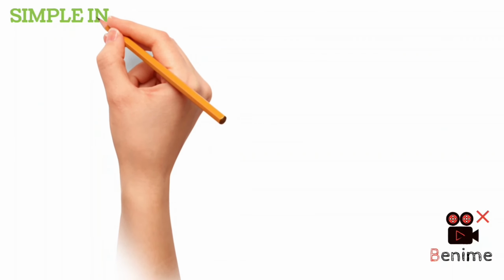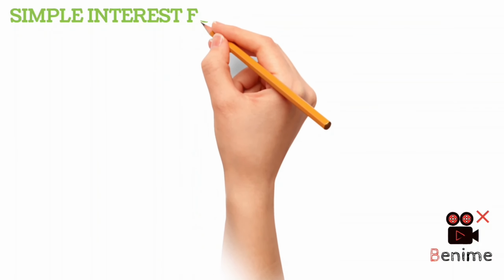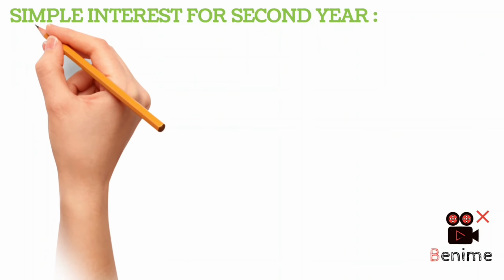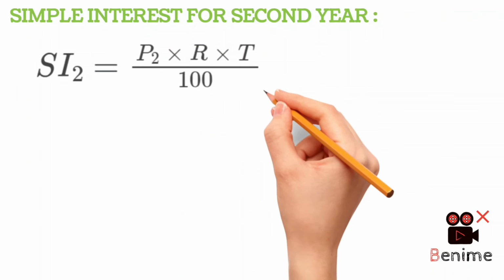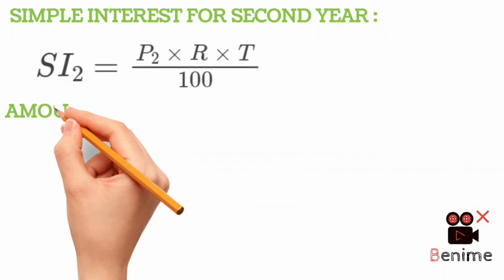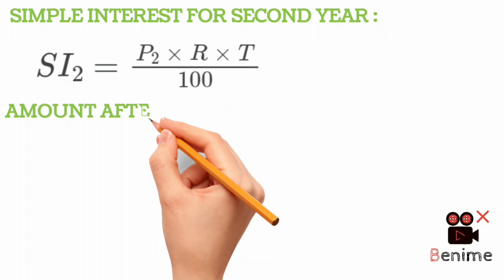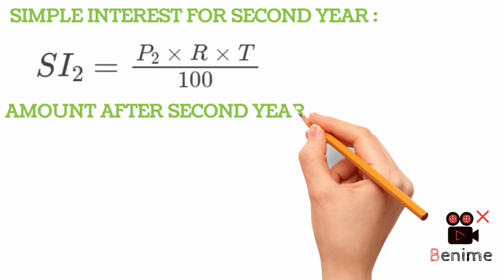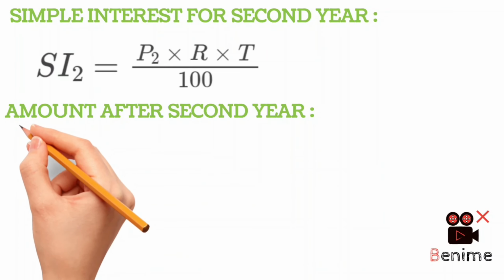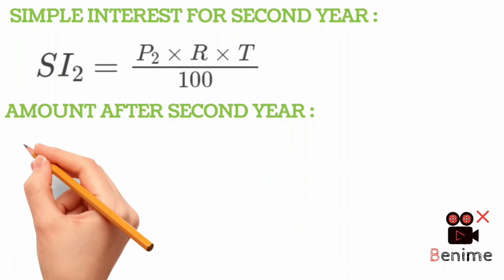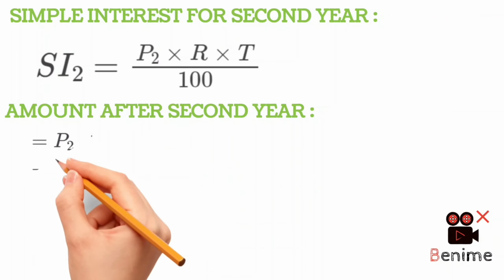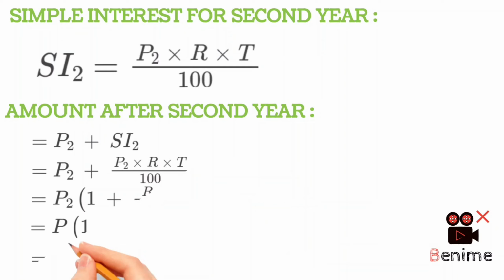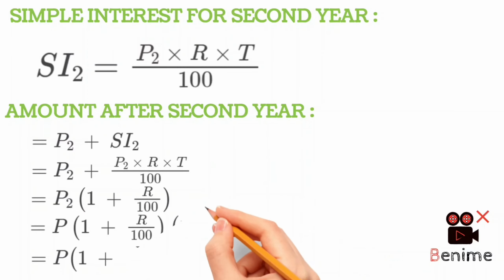Now we have to calculate the simple interest for the second year. The simple interest for the second year is given by SI2 equals P2 into R into T by 100. The amount after the second year will be P2 plus SI2, which is P2 plus P2 into R into T by 100.